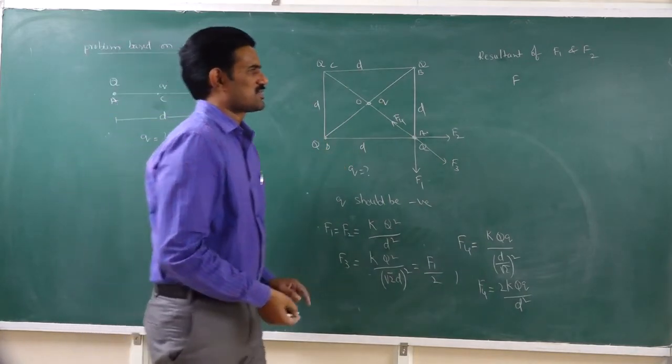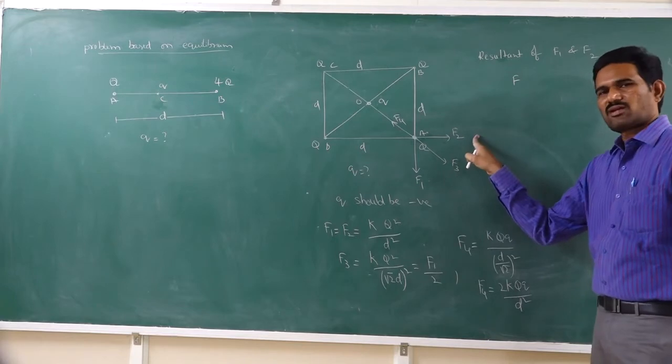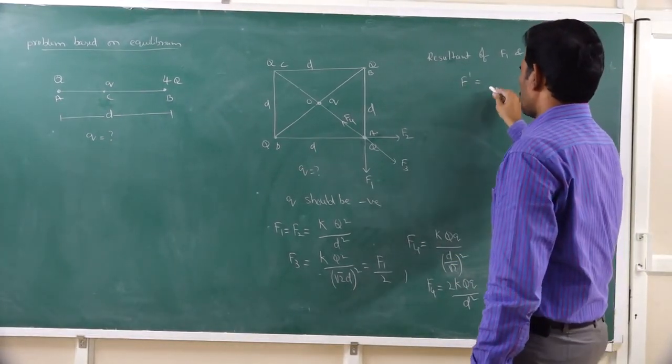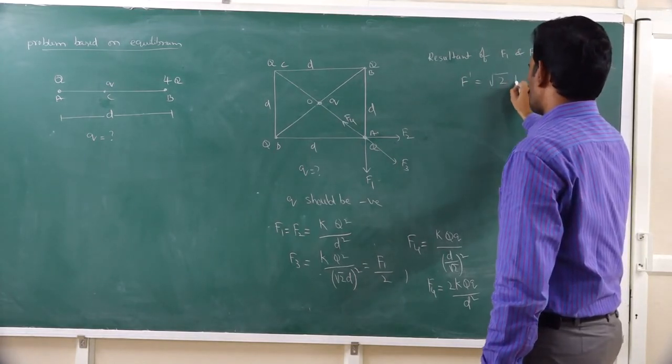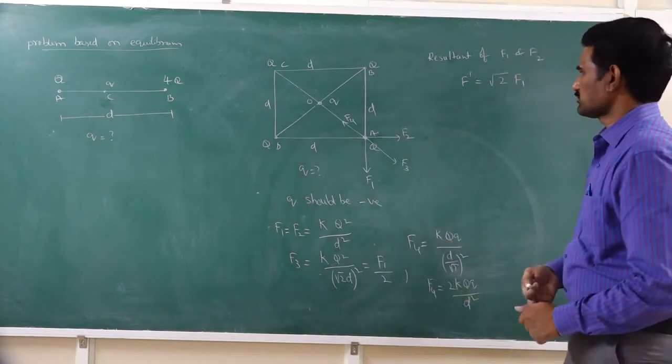And now let us find the resultant. Resultant of F1 and F2. You can observe this F1 and F2 are perpendicular to each other. When they are perpendicular to each other, let the resultant be F dash. I can write it directly as root 2 F1 by using the parallelogram law.